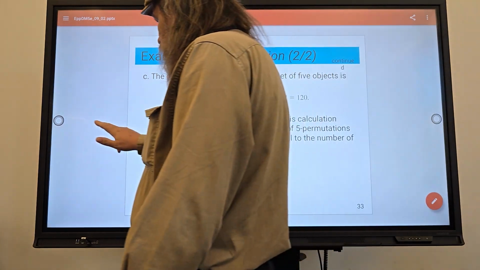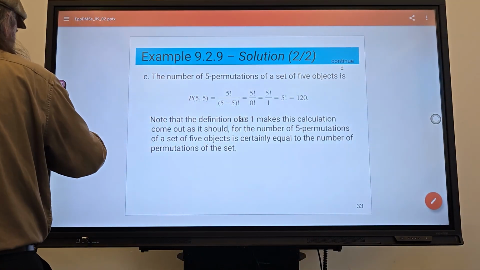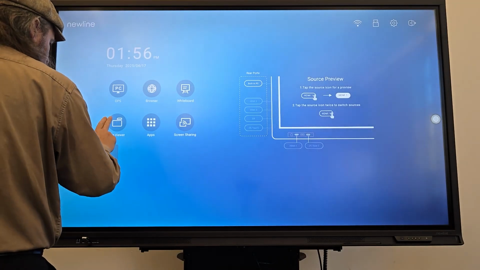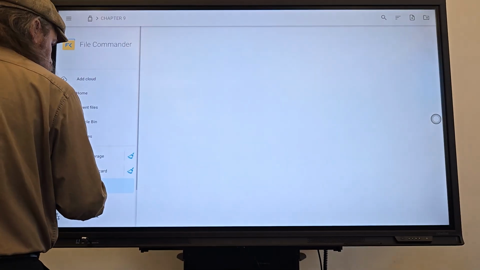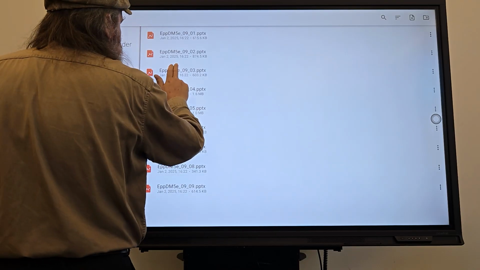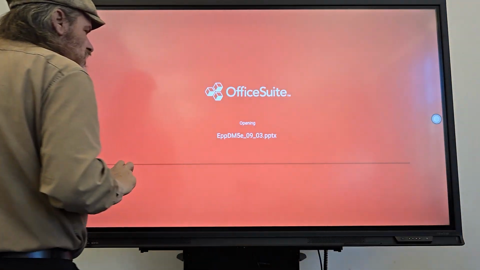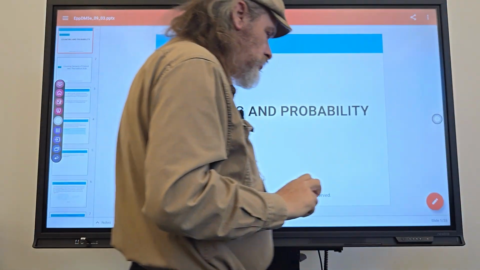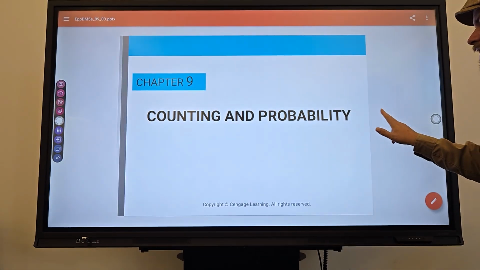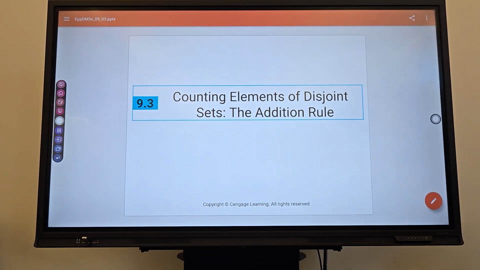Now we get into the next section, and we get into counting elements of disjoint sets and the addition rule.